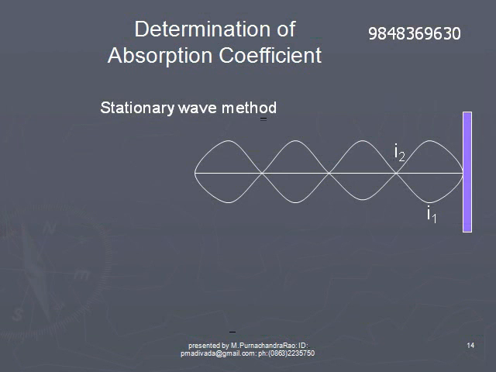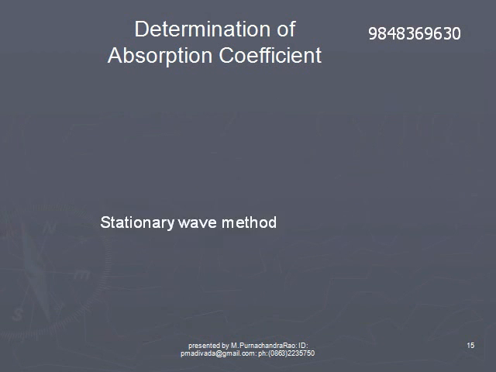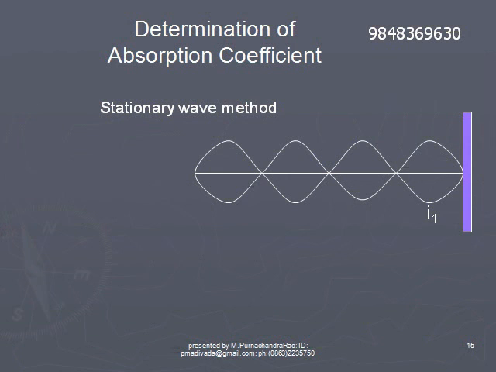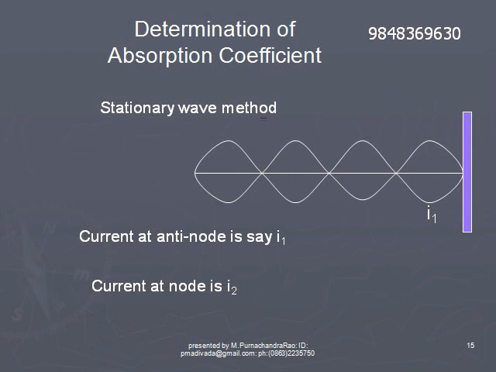Let us take a device which converts sound energy into electrical energy and move it in the stationary wave. When it comes to the position of an antinode, a large current will be noticed. When it comes to the position of a node, a small current will be noticed. Let I1 be the current at the antinode and I2 the current at the node.